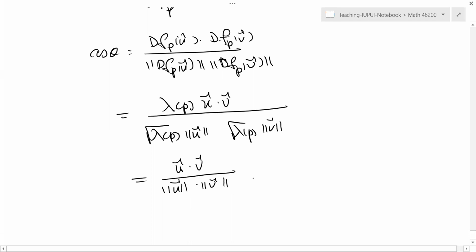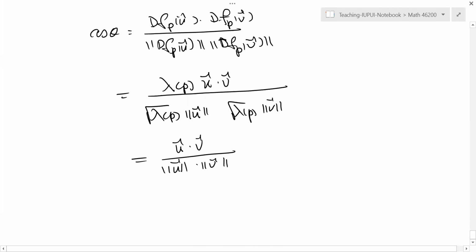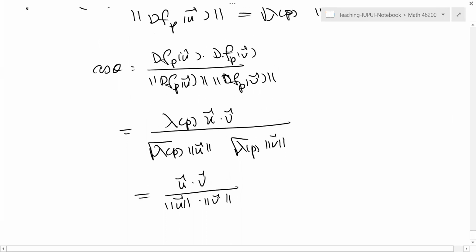That's the angle between u and v. So that is why the angle is preserved.